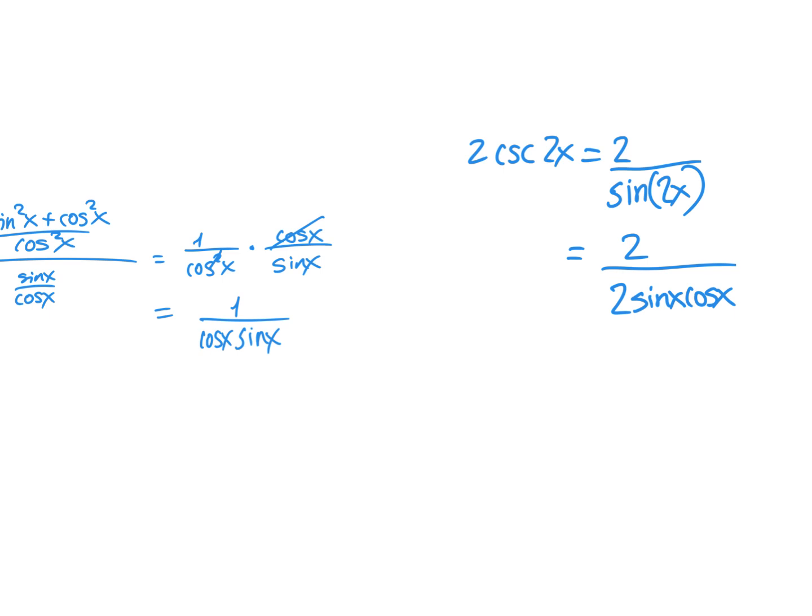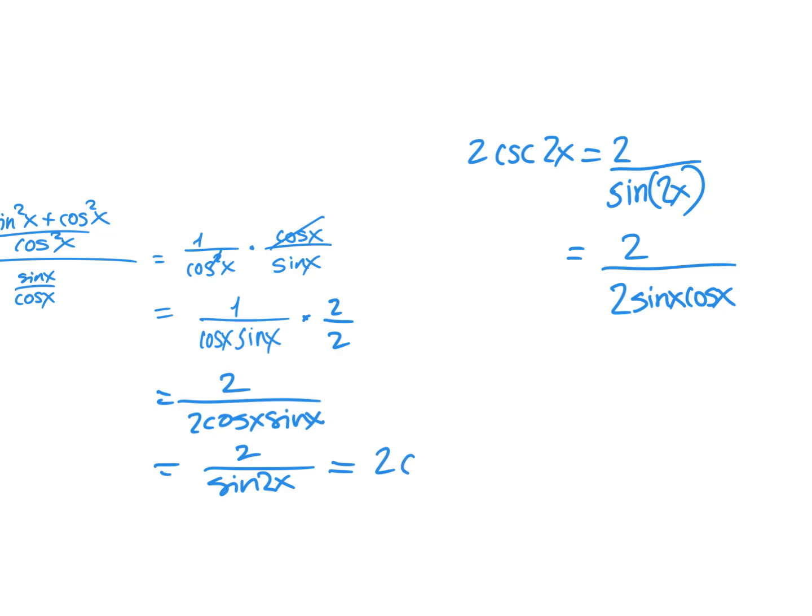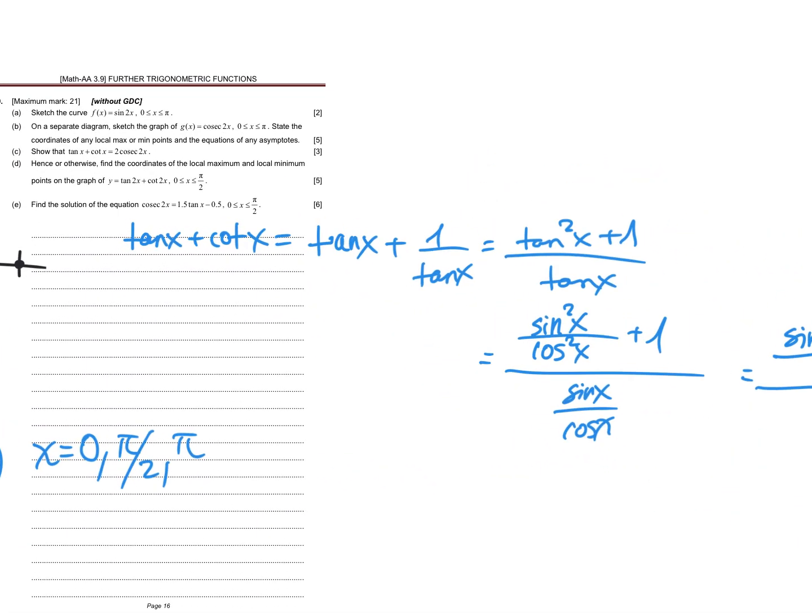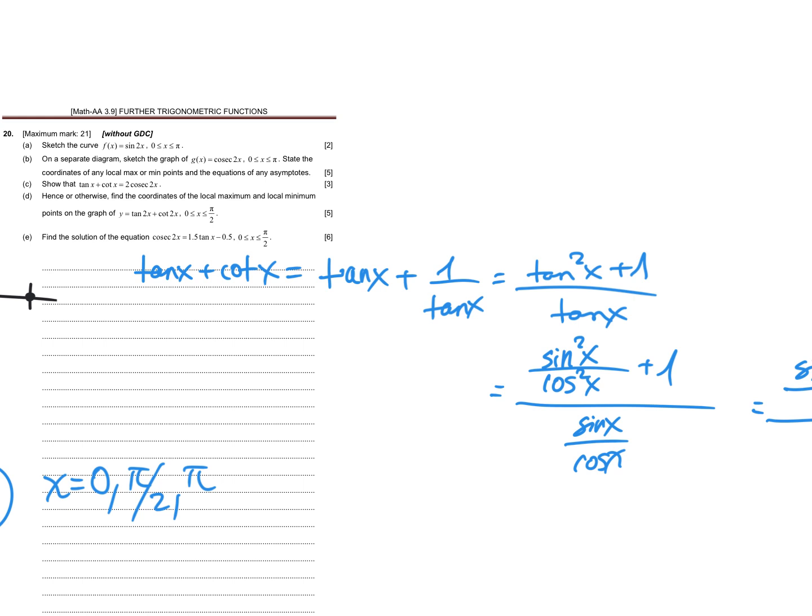So we can just multiply this by 2, which is 2 over 2 cosine x sine x, which is 2 over sine 2x, which is 2 cosecant 2x. Okay, so if you ever get stuck, just start from the other end.